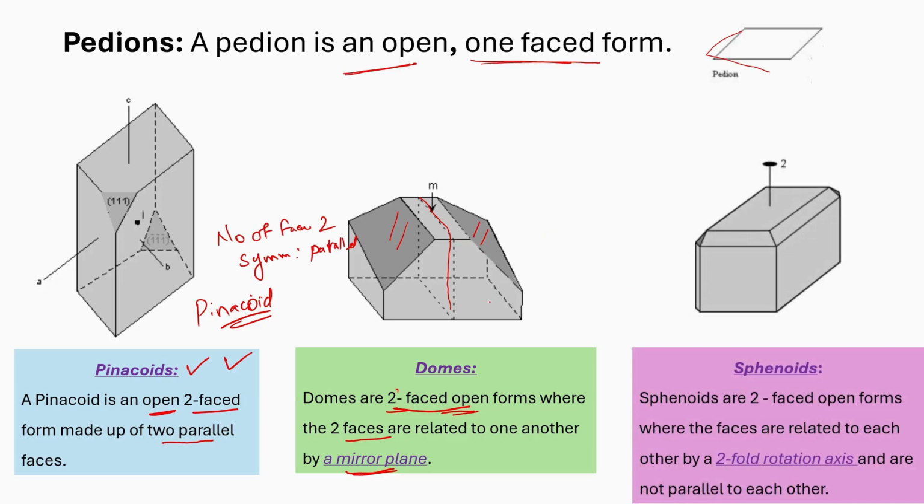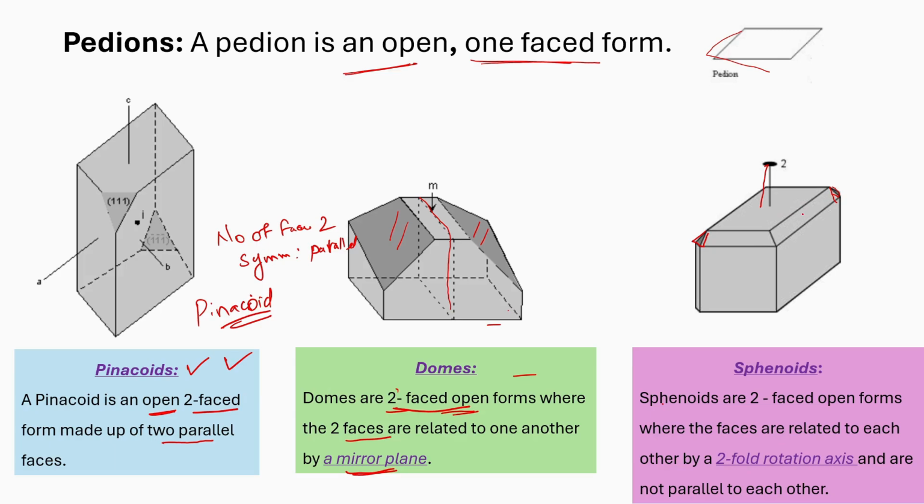And there is another two-face form called sphenoid. Sphenoids are again a two-face form. It's an open form, and here the symmetry is a two-fold axis. You can see this vertical two-fold axis, and you can see these triangles, sphenoids on the opposite side.